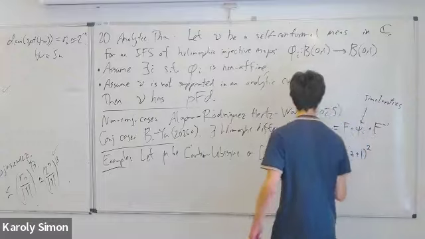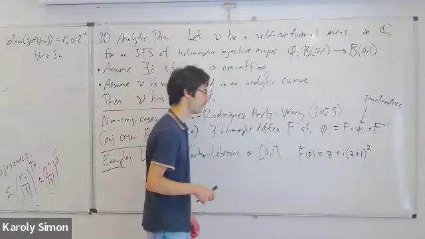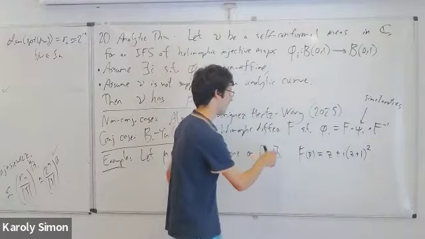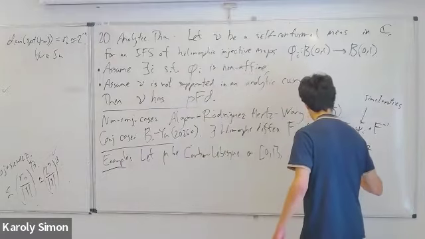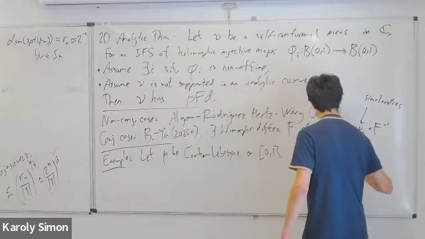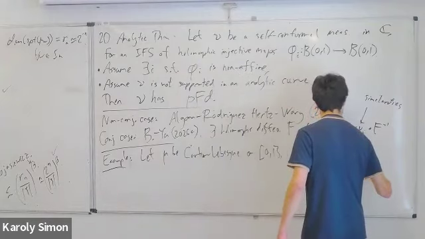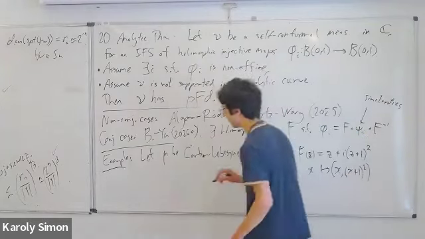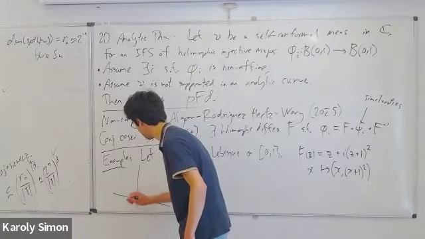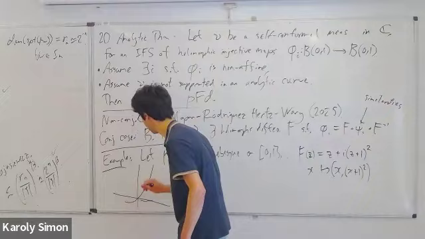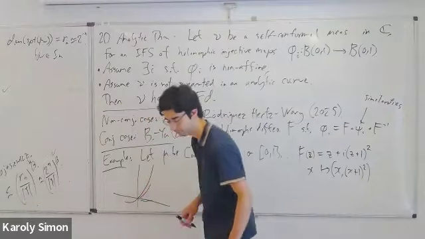This is some holomorphic map, and it takes a point on the real line, x, to x plus i times (x plus 1) squared. So it's kind of lifting the Cantor-Lebesgue measure onto a parabola like this.